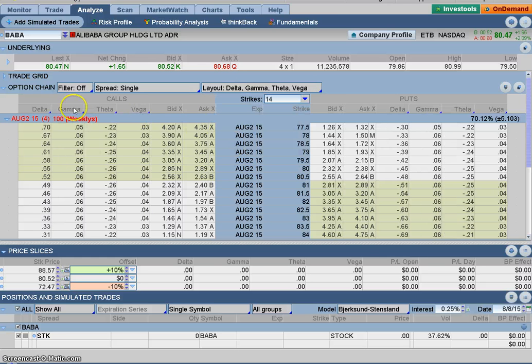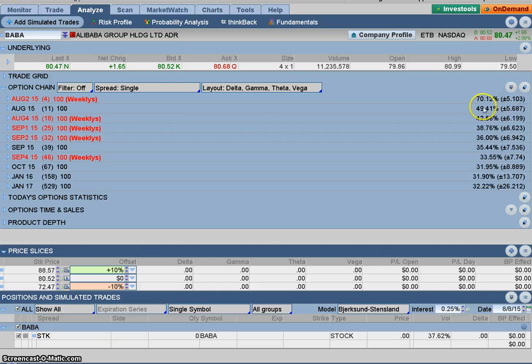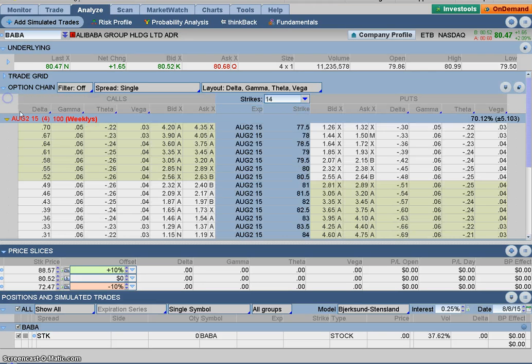If we load our Greeks up and look at Vega here, we see that Vega is 4 cents for the at-the-monies. What did we say it was going to drop? It was going to drop 21 points. 21 times 4 is 84 cents. So I can tell you right off the bat, I know tomorrow morning this premium is going to drop 84 cents just in implied volatility.